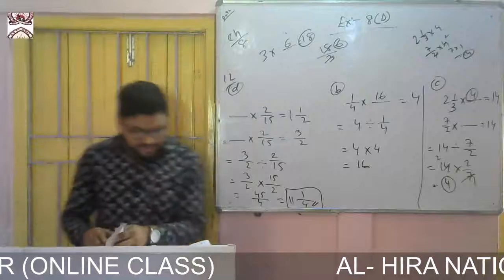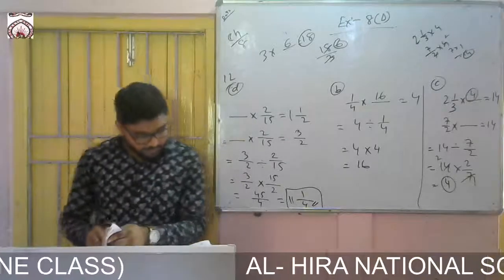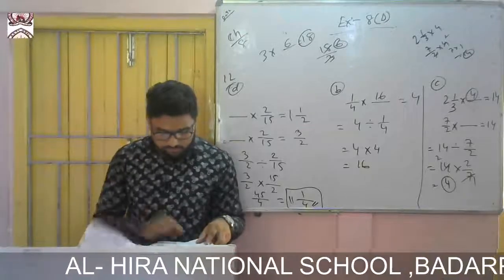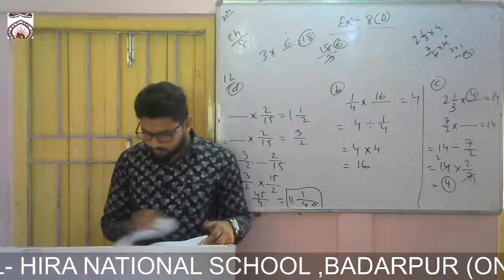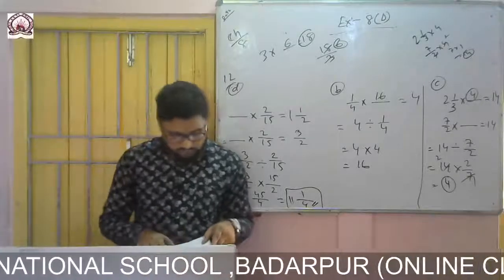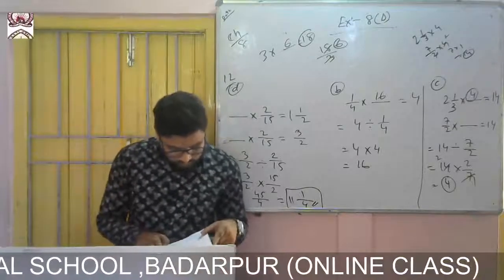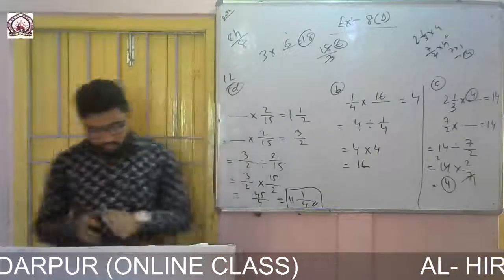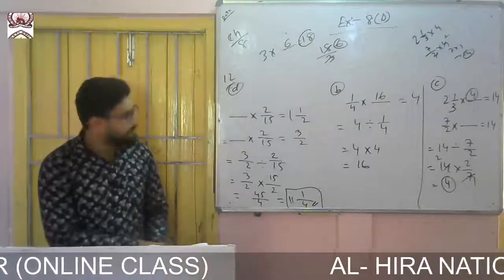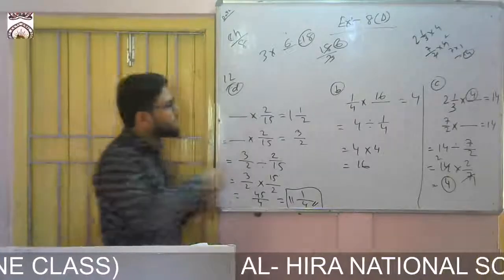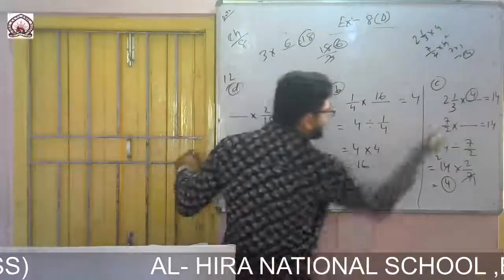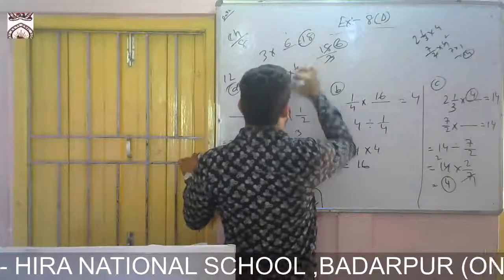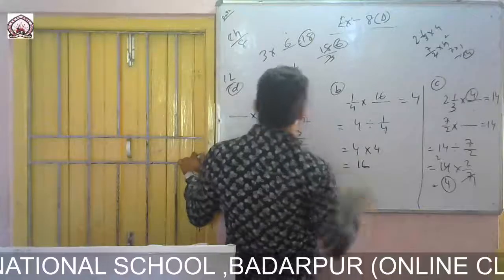Now come to exercise 8E. Let me check this one. 2 1 by 3 into what? 3 2s are 6 and 1 is 7.